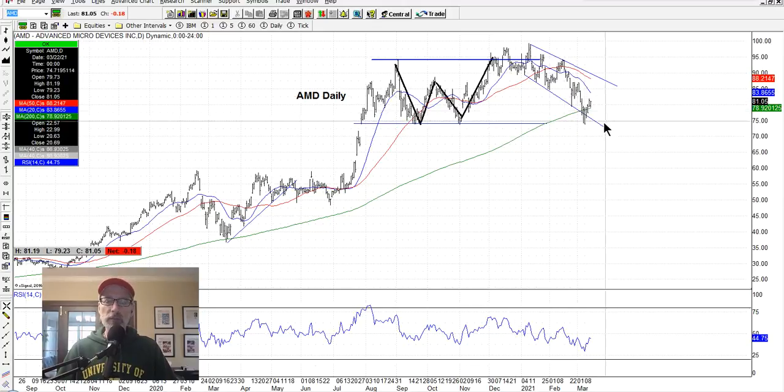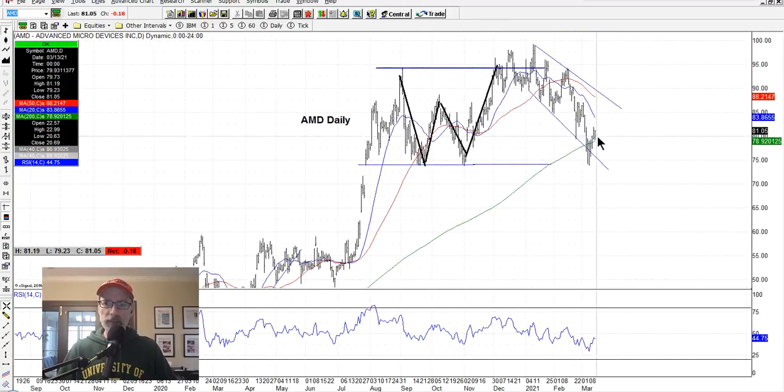Everybody follows the 200-day moving average. Well, what I like about AMD is that it finished above the 200-day moving average this week after being below it. So let's see if AMD could move back up towards the top part of this channel. That's what happens. You will see the stock ping pong within whatever channel is drawn now. So let's see if AMD can get itself back together and start moving up again.